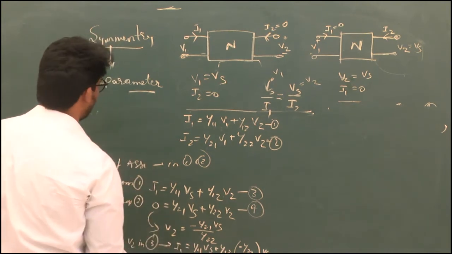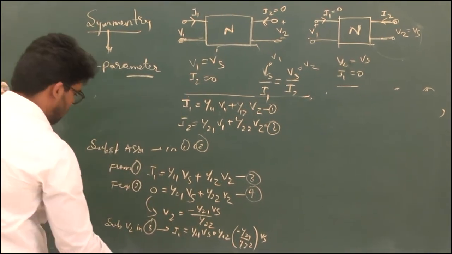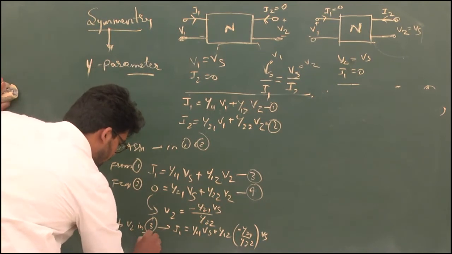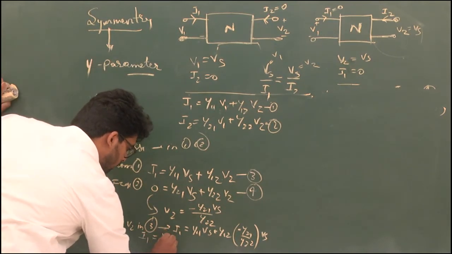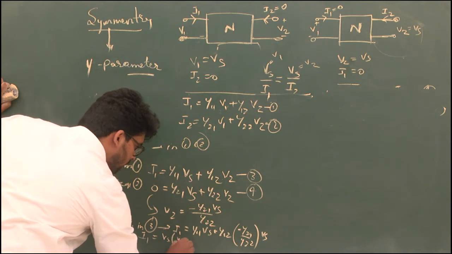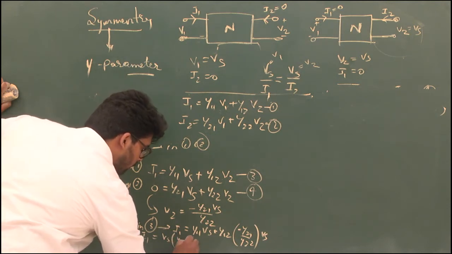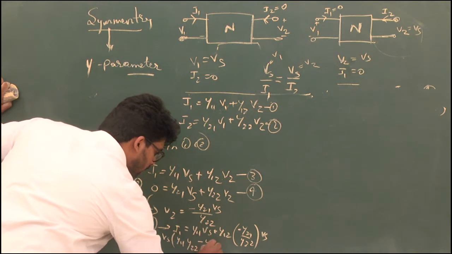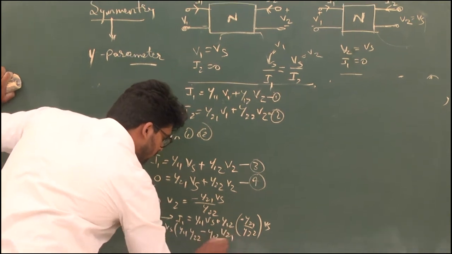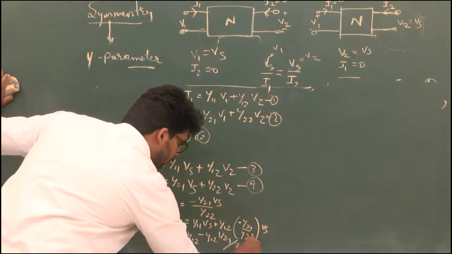So I1 equal to Vs times (Y11 Y22 minus Y12 Y21) by Y22.